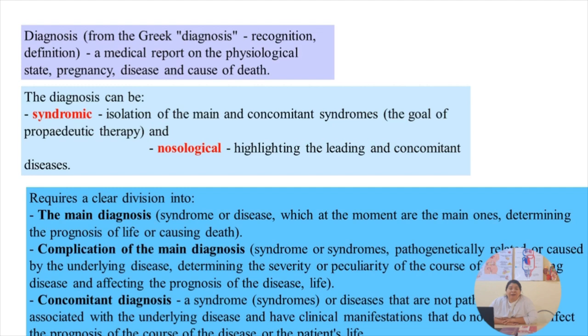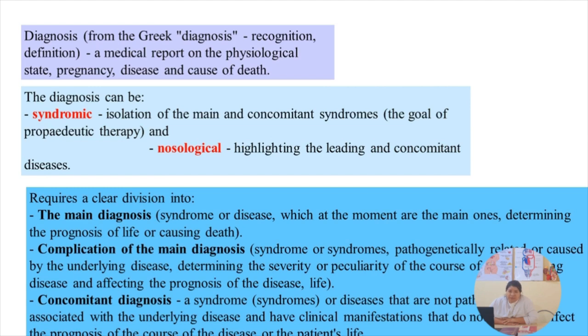There are three types of diagnosis: main diagnosis, complication of the main diagnosis, and concomitant diagnosis. The main diagnosis is the syndrome or disease which at the moment is the main one determining the prognosis of life or causing death. A complication is pathogenetically related to or caused by the underlying disease.